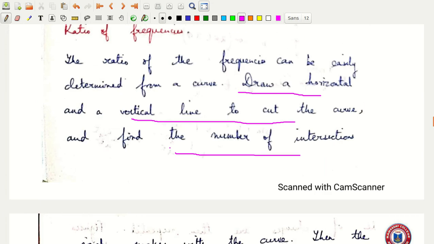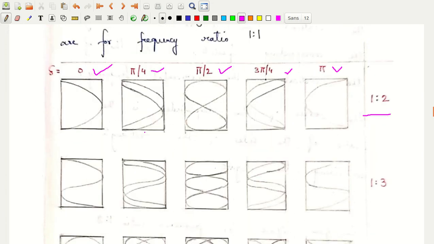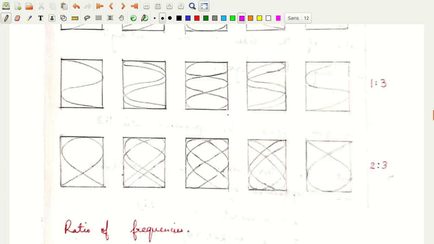Say in this plot, if I draw a horizontal line, then it is cutting at 1 point. And if I draw a vertical line, it will cut at 2 points. So I take the ratio horizontal to vertical, the ratio is 1:2. And likewise for each plot. So this is a very important use of Lissajous figure.